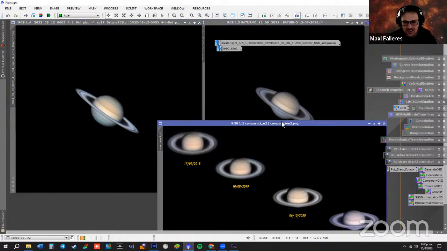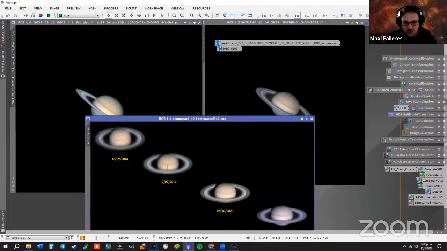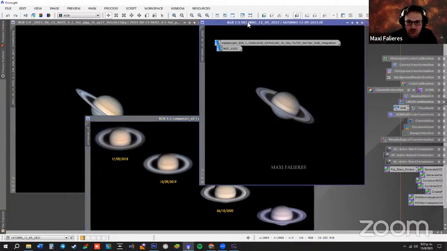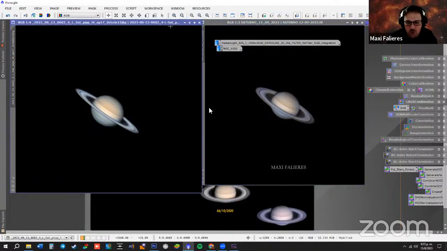You can see how the rings change position, and also the line of the equator. The first ones here are my first pictures that I took with my cell phone and simple equipment. But now I'm trying to focus on getting more details.